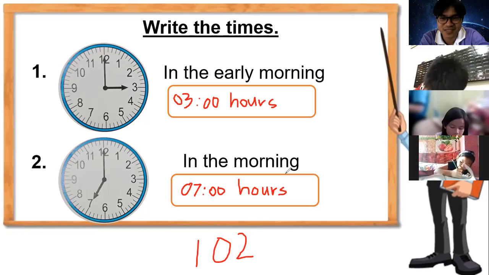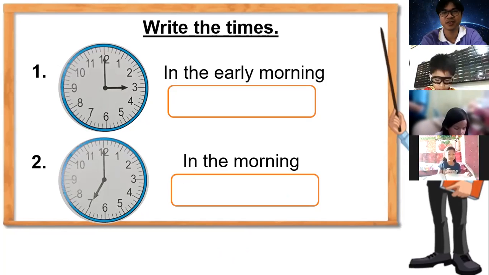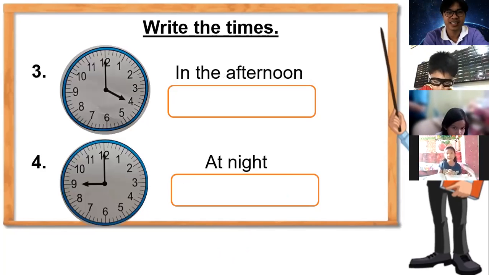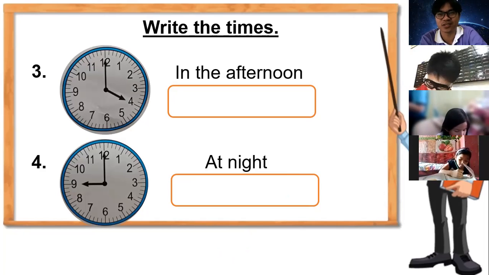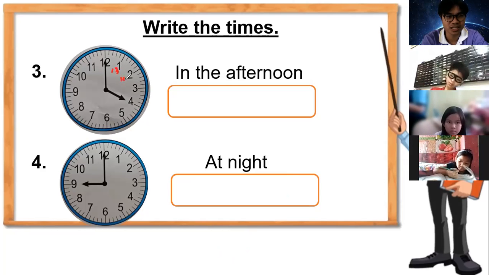Almost time. Okay, let's move to number 3. Number 3, in the afternoon. What time is it in the afternoon? We will use the 24-hour system. This is 12, 13, 14, 15, and 16.